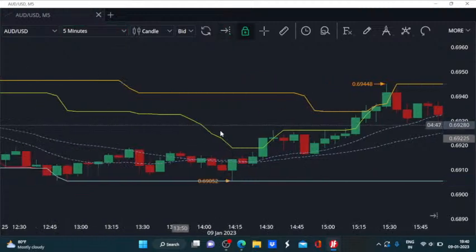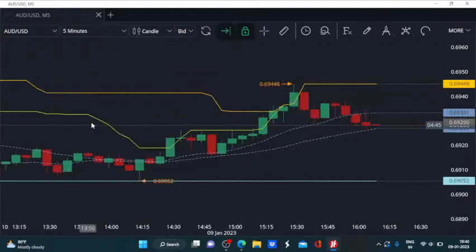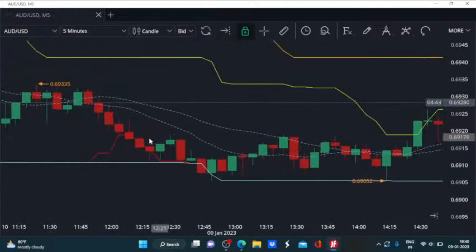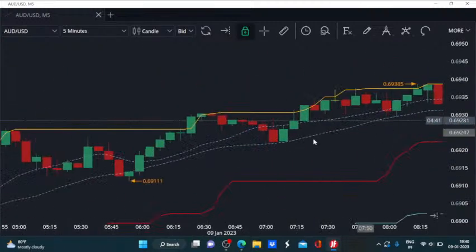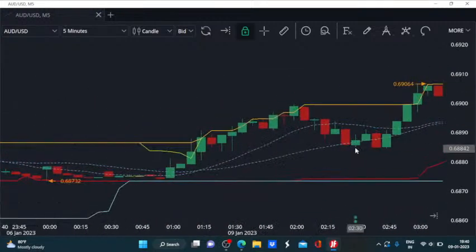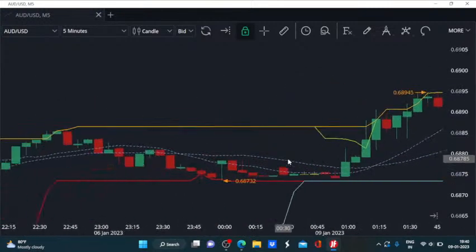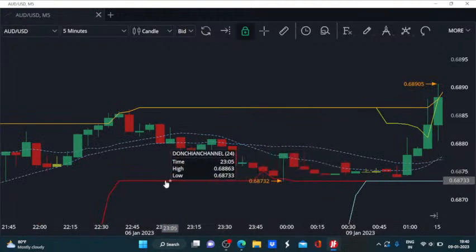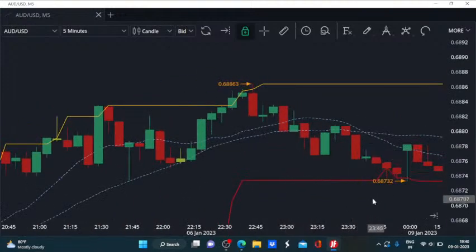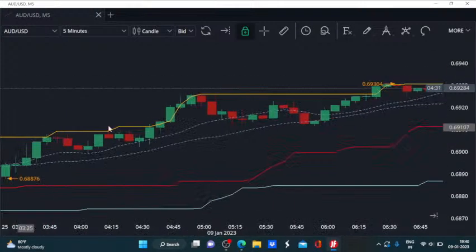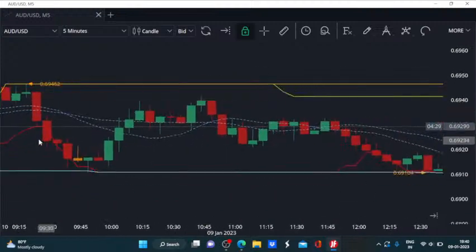So if we look at the price trajectory of the AUD USD in today's session, it has mostly traded with a bullish bias. If we go back in time, as I said, it started the day closer to 0.687. From there onwards, it has climbed 1 percentage point.